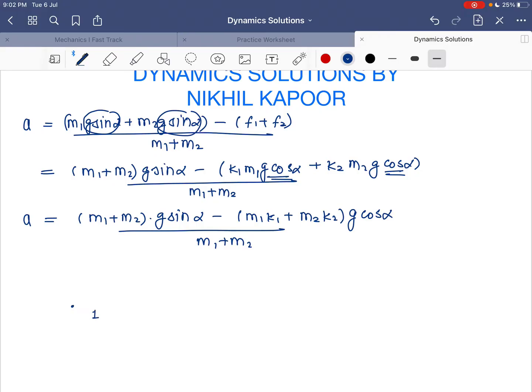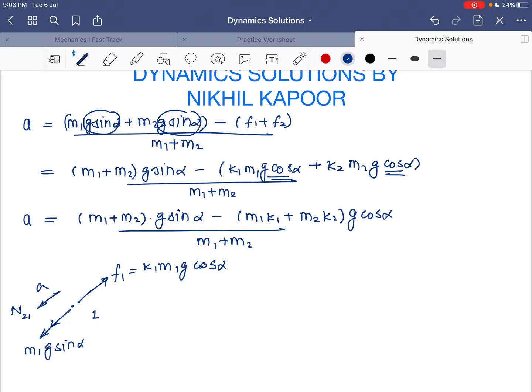Let us say I am drawing the FBD of block 1. The weight component of block 1 is acting in the downward direction, m1g sine alpha. The action force exerted by block 2 on 1 will be acting downward along the plane, and friction, which is equal to k1 m1g cos alpha, is acting upward along the plane, and it is going down with acceleration.